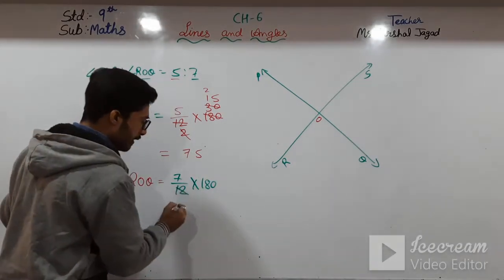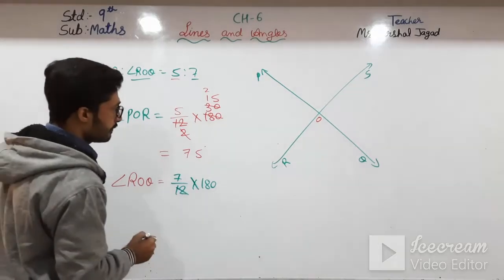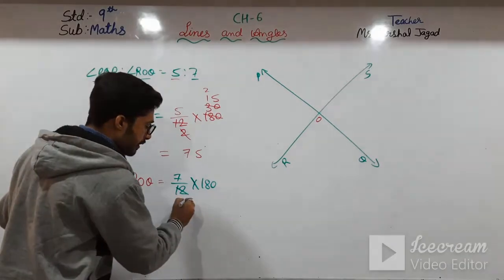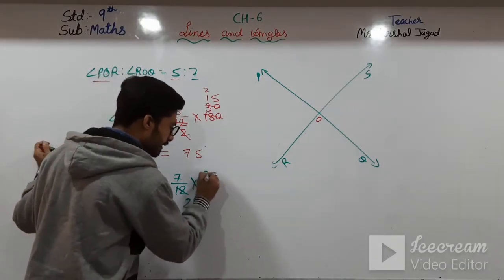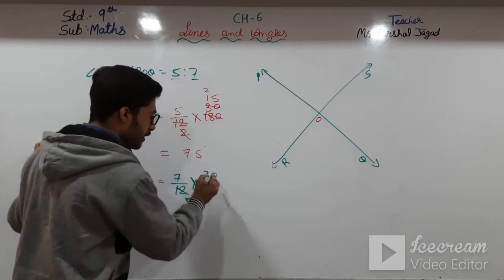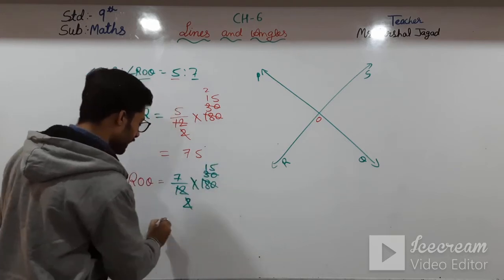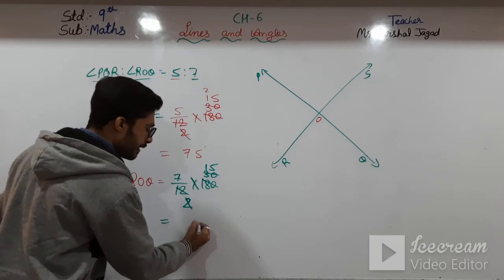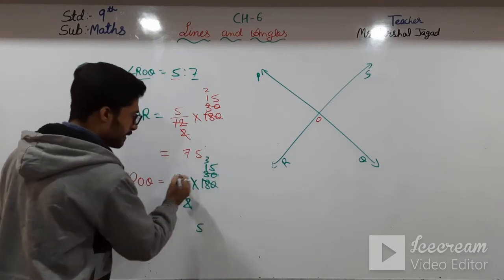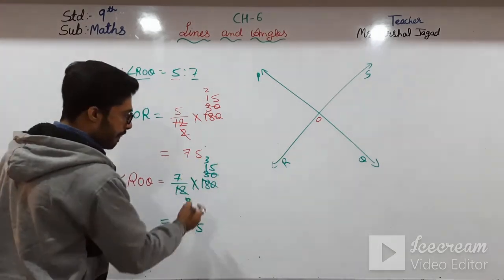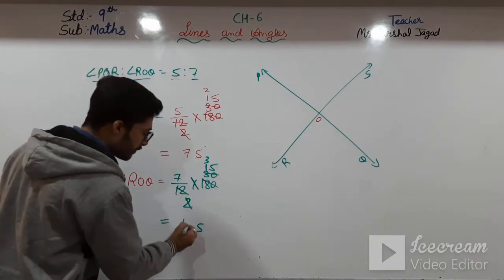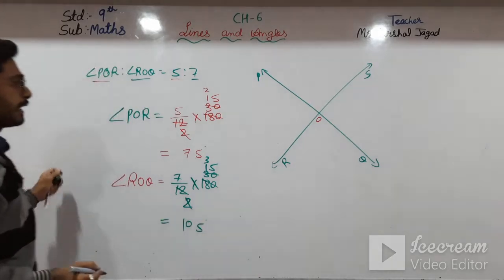So 12, how many is that? 6 2s are 12, 6 3s are 18, 0 over here, and 7 5s are 35, then 7 1s are 7 plus 3, that is 105 degree.